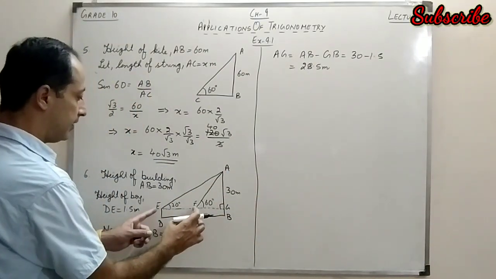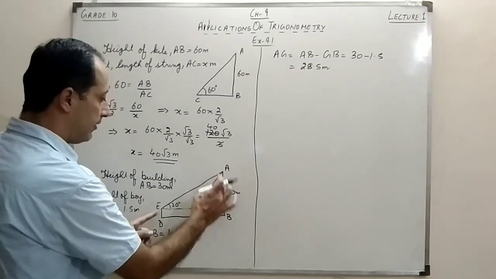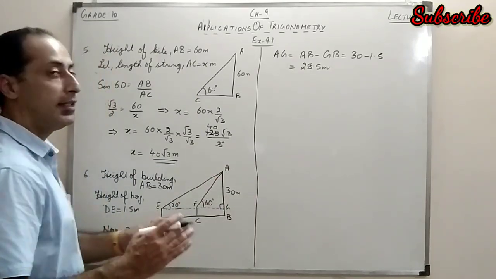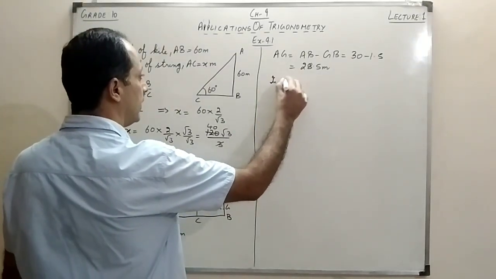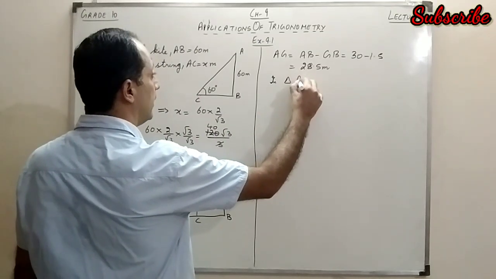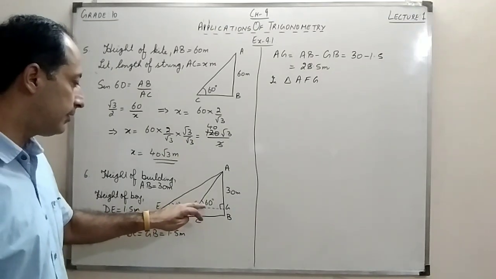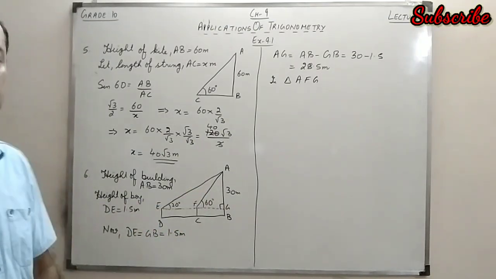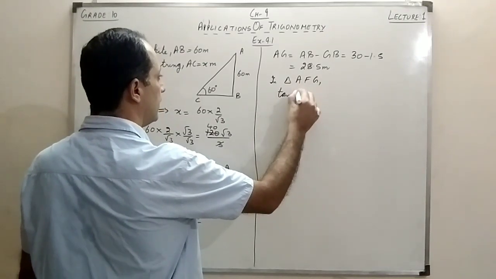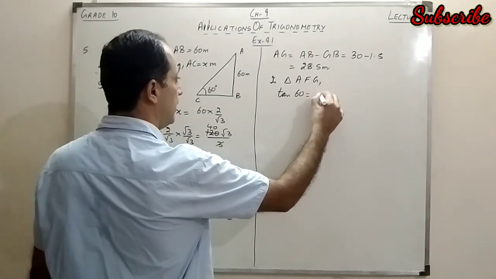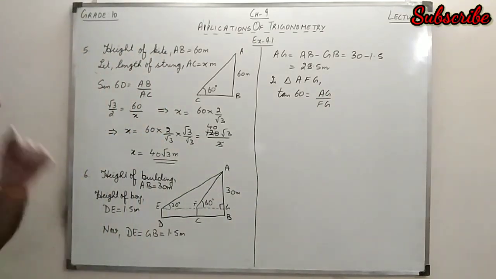Now I take the first triangle, AGF. Since I have to find this distance, I will take the small triangle, find its base, then take the big triangle, find its base, and subtract these two. In triangle AFG, corresponding to this angle, this is the opposite and this is the adjacent. So we use tan 60 equals AG upon FG.